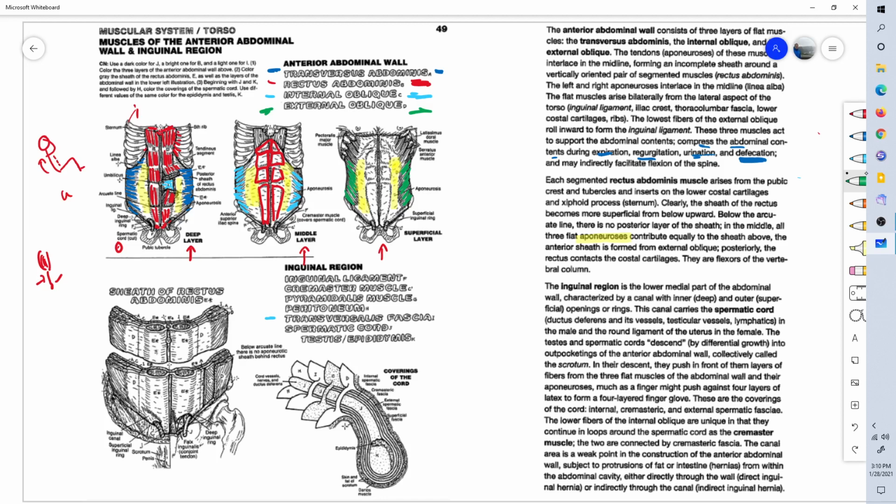So if they all contract together, you can envision the rectus abdominis contracting and flexing the spine, whereas these other three muscles here, here, and here wind up compressing the abdominal area, the abdominal contents, and creating pressure inside there.